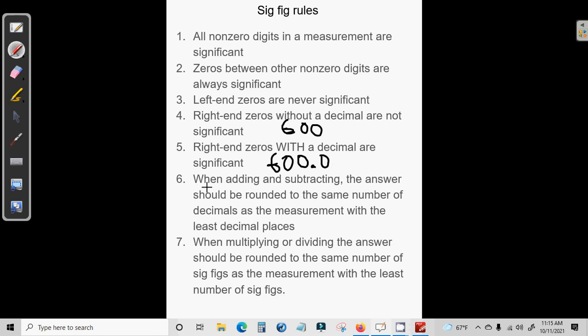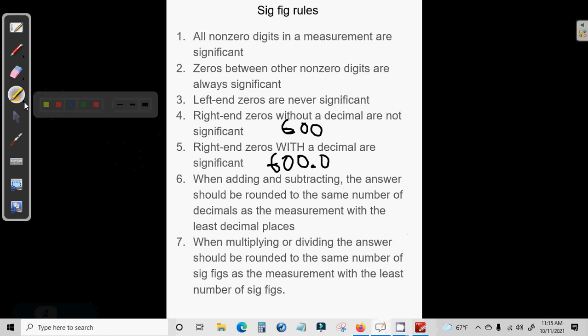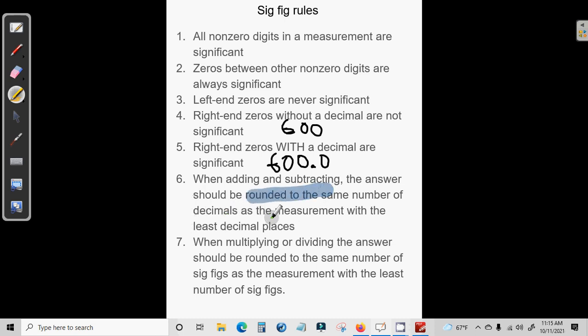All right. When adding and subtracting numbers, the answer should be rounded to the same number of places as the number with the least decimals. Okay, so you're going to round to the number with the least number of places.